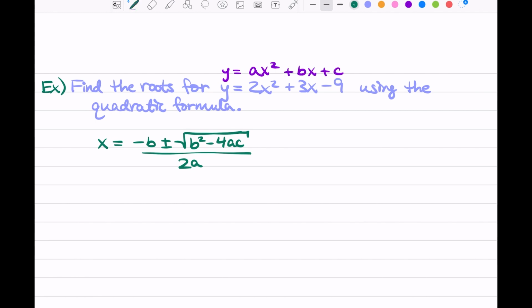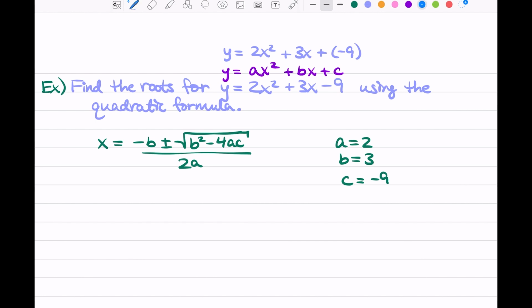So we can easily see that our a is 2, our b is 3, and our c is negative 9. Remember, our quadratic formula needs to match this general form. So we could think of this as y equals 2x squared plus 3x plus negative 9.